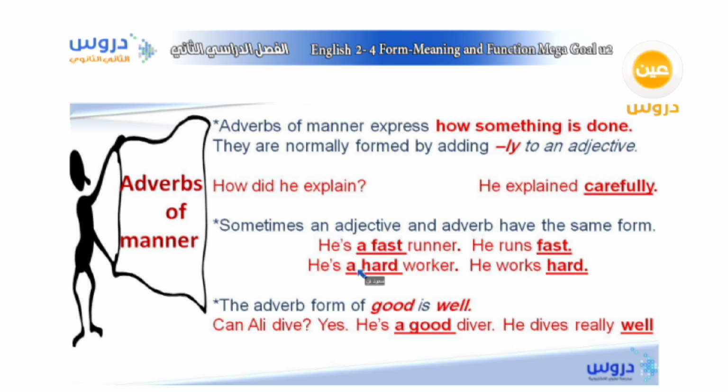Here we put it as an adjective. He works hard. Notice that we put adverbs at the end of the sentence, but adjectives before nouns. The adverb form of good is well. Good is an adjective. Well is an adverb. Can Ali dive? Yes, he is a good diver. He dives really well.